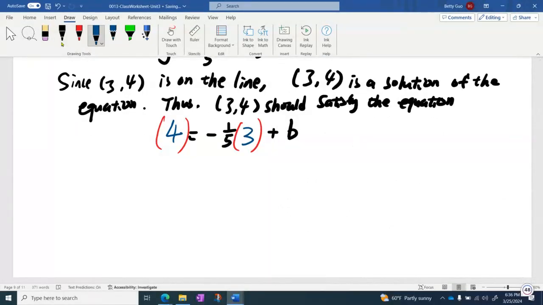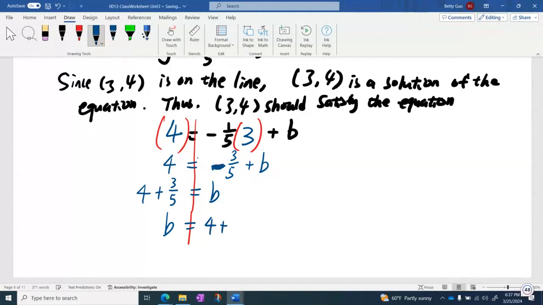Left side of the equation, we have 4. Right side, we have -3/5 plus b. If we move -3/5 from right to the left, we have 4 plus 3/5. b equals 4 plus 3/5. And we can switch the sides.